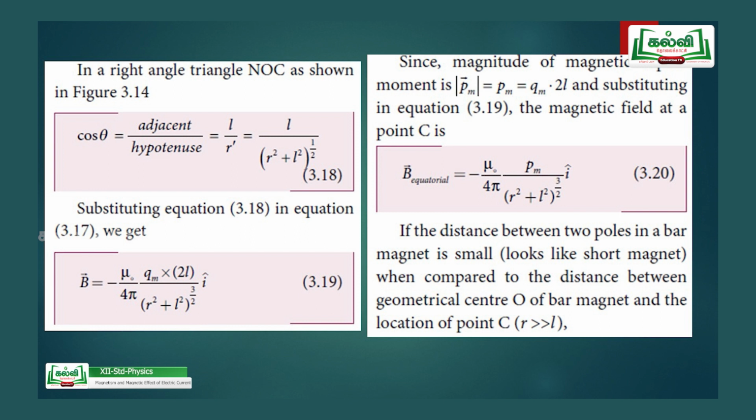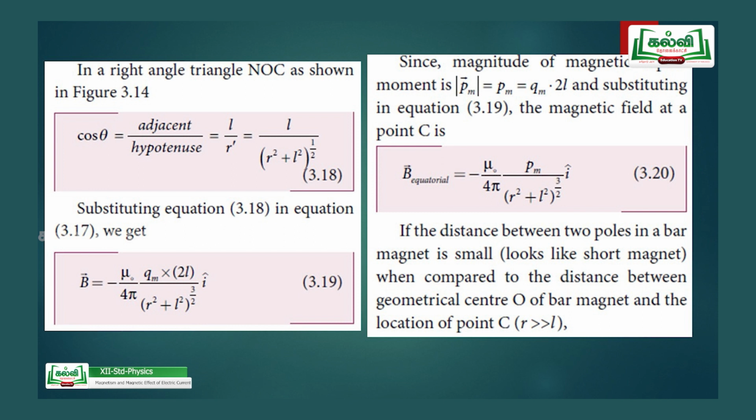Now here we compare the lengths R and L. Comparing R and L, the length of the magnet is very small compared to the length R, so it is neglected. That is the approximation.